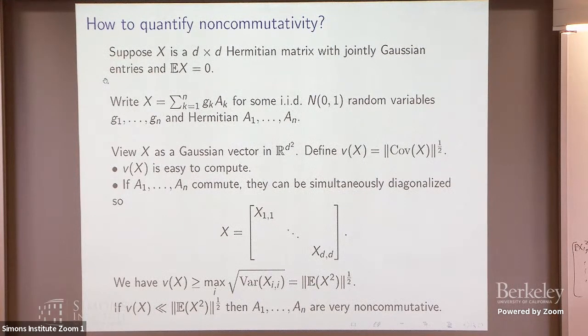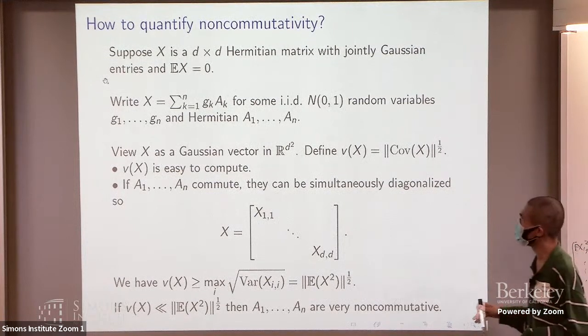So the norm of the covariance matrix is at least the max of the square root of these. They have 0 expectation, so it's just the variance. The standard deviation of x_ii.